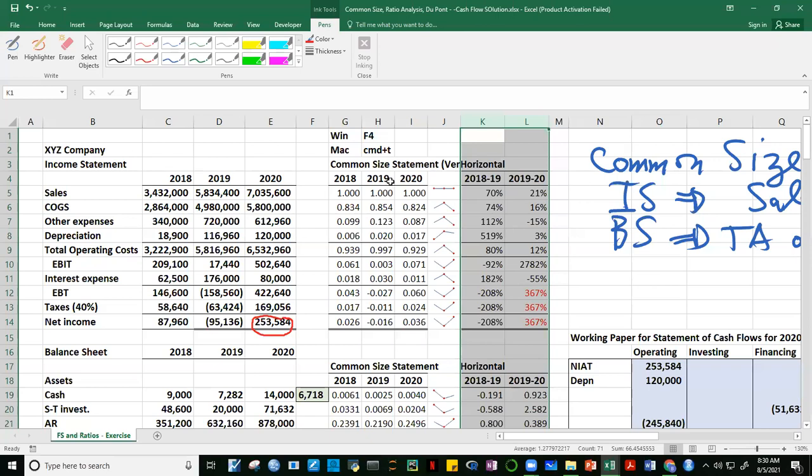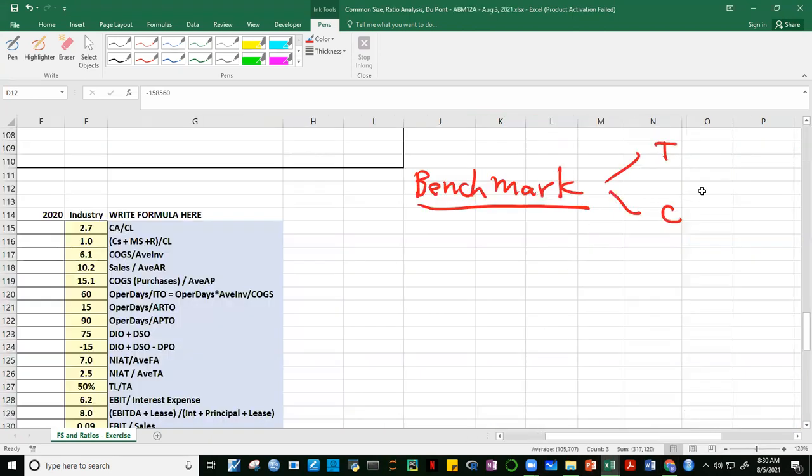Ito yun. Looked at 2018, 19, 20, and then yung period, no? Yung growth rate between 2018 and 19. So we're benchmarking against what? Anyone? Saan tayo nagbe-benchmark? Across what?